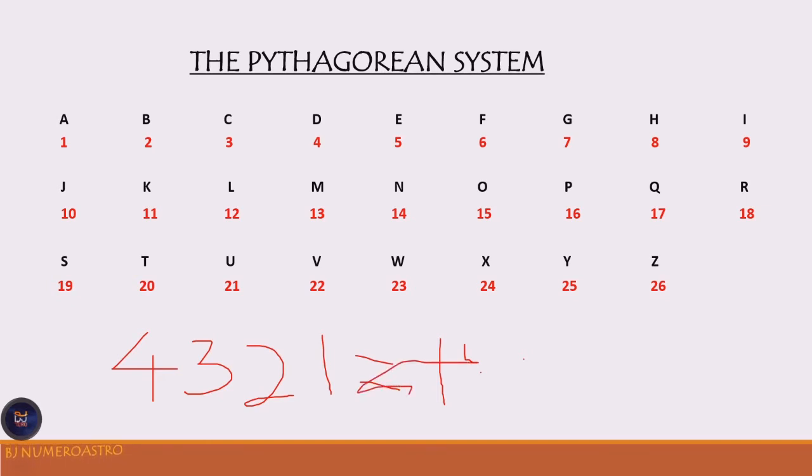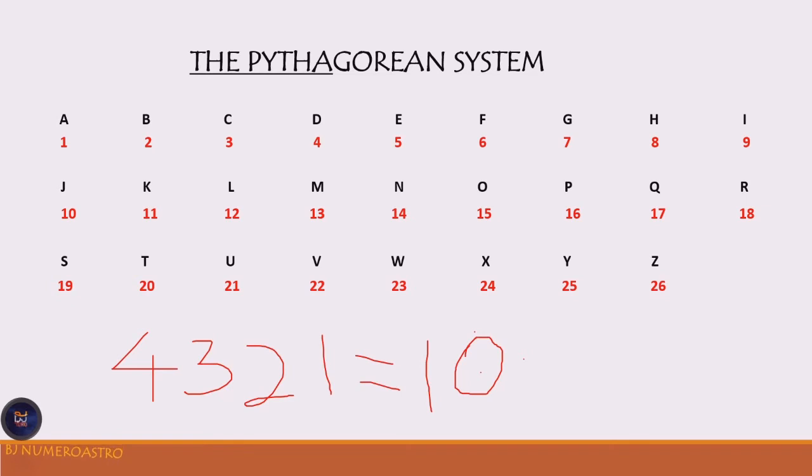Sorry, I don't know what's wrong with this stuff. So we got 10, right? And we've explained this already. So now 4, 3, 2, 1 is equal to 10.